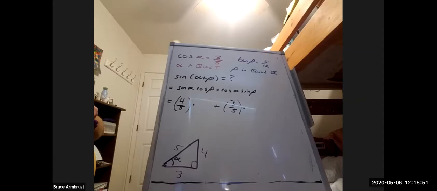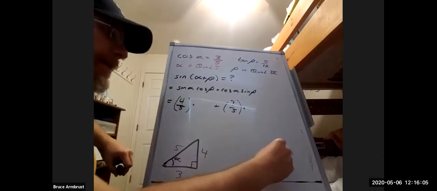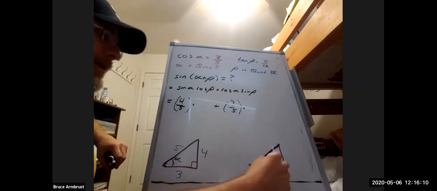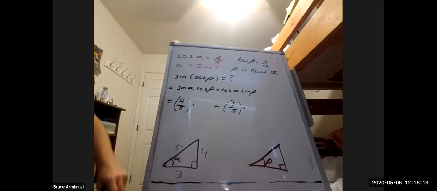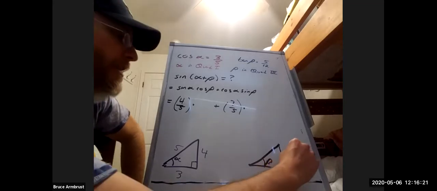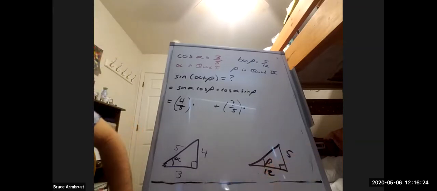Now we want to do a similar thing with beta. So let's draw a triangle for beta. This isn't actually beta, but it's the reference angle for beta, but I'm still going to draw beta here. What we know about it is the tangent is 5/12, so the opposite over the adjacent is 5/12. We'll put the opposite side of 5 and the adjacent side of 12.